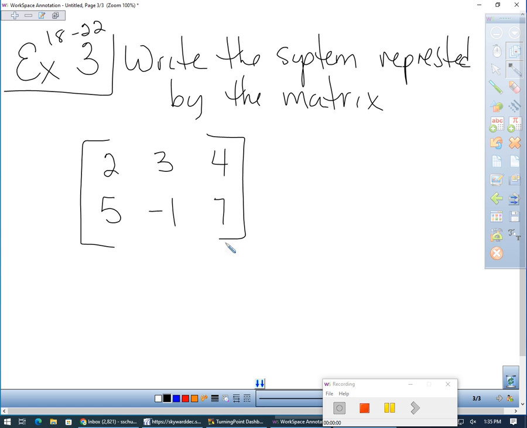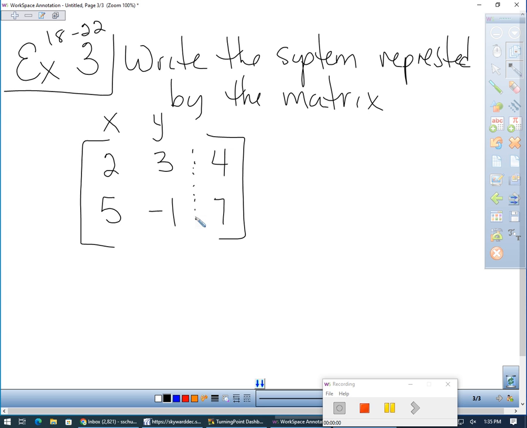So here's what I want to mention: if there are only 2 rows, that means I have 2 equations, right? Technically how this matrix looks, the first 2 columns, this is going to be my x and this is my y. Then sometimes in our book a line is put down like this, which represents the equal sign from the matrix.